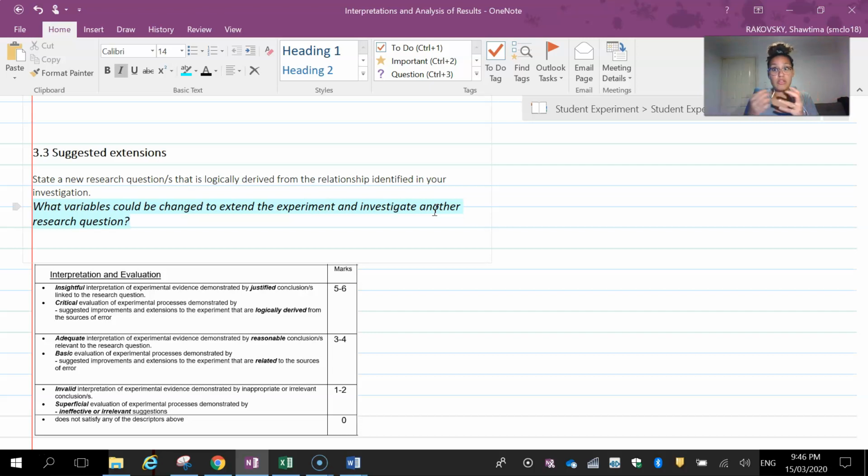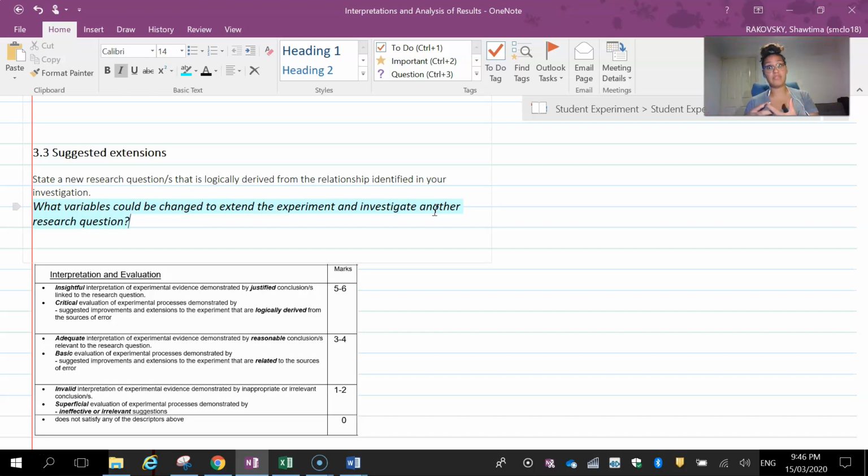So you took an experiment, let's go with the toy ramp because I've used that now for the analysis. The toy ramp, we changed the angle, and then in your experiment, you may have changed the surface of the ramp. So the next progression might be changing the mass of the object, or changing the different objects rolling down the surface.